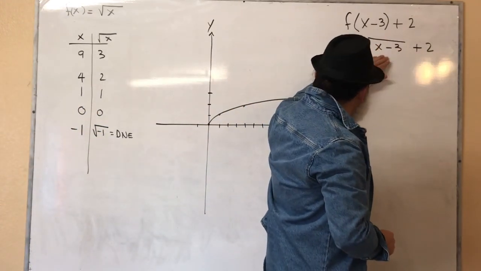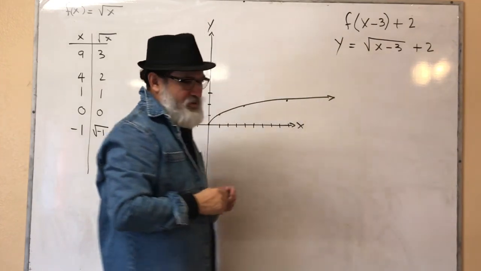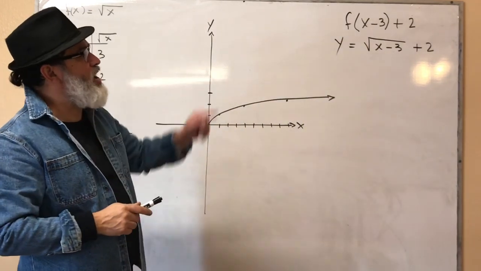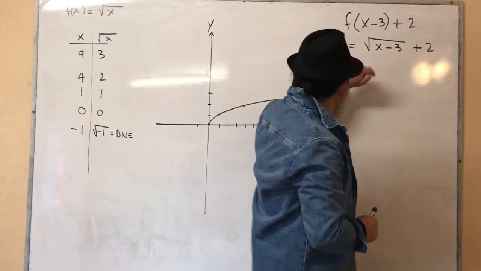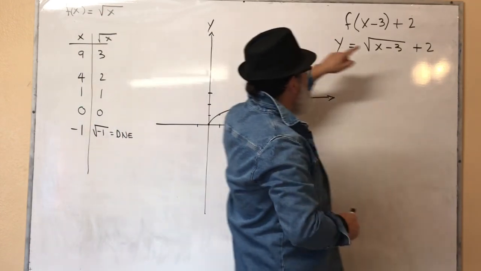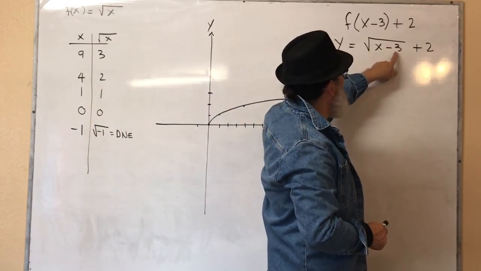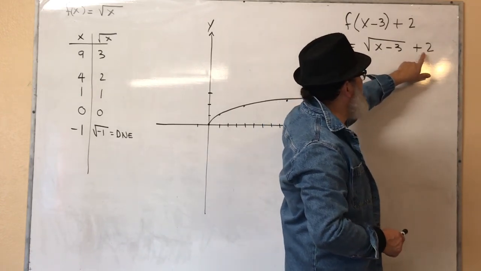You can call it y if you want to. If someone said to you, can you graph that y? You say to yourself, wait a minute, this is the basic square root function, 3 units to the right, 2 units up.